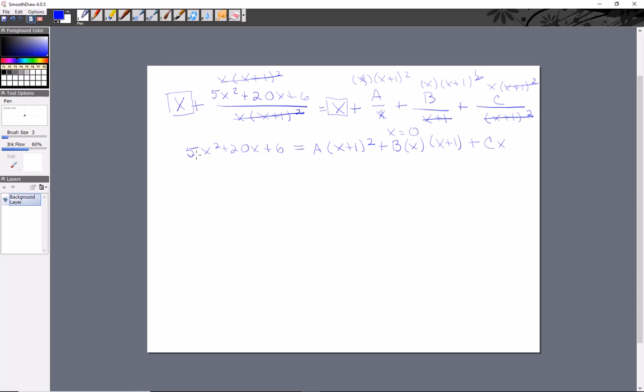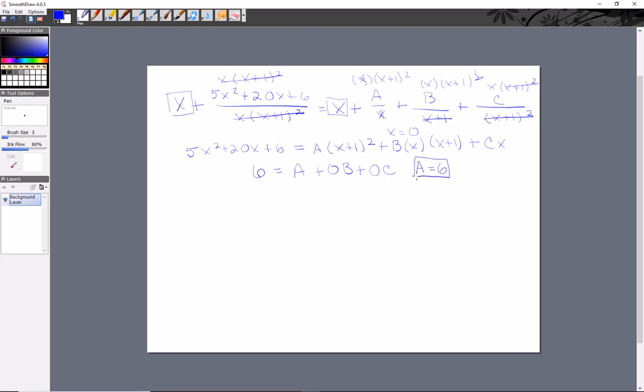That'll be 5 times 0 squared, that goes away, plus 20 times 0, that goes away. So we just get 6 equals, and if we let x equal 0 here, we just have 1 squared, which is 1. Look at that, A equals 6, because the rest is plus 0B plus 0C.